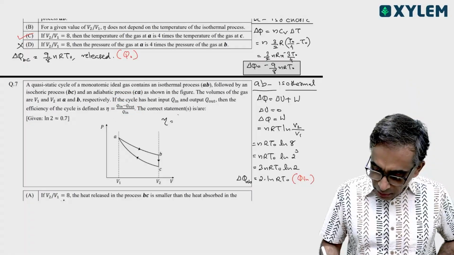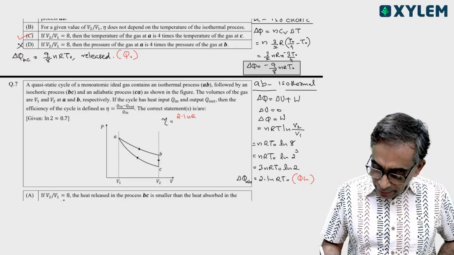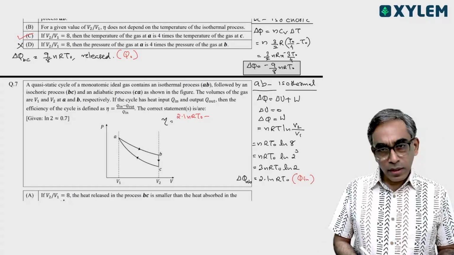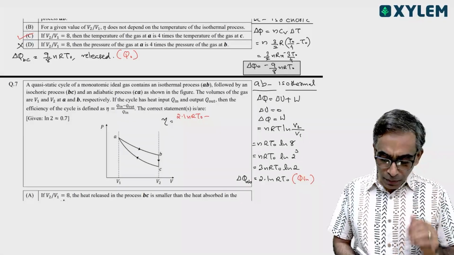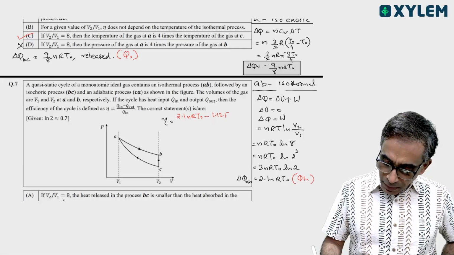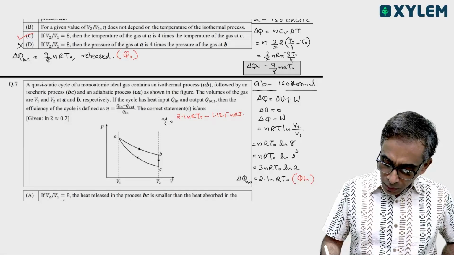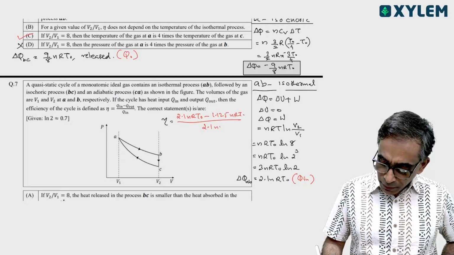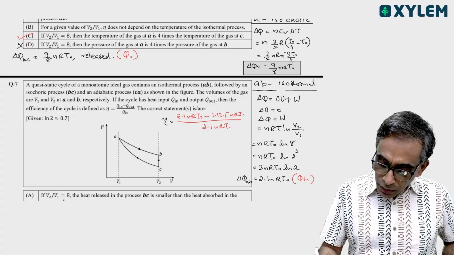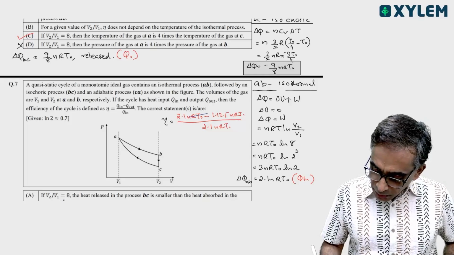Q in is 2.1 nRT0 minus 9 by 8, വേണമെങ്കിൽ simplify ചെയ്യാം 1.125 വരും. So this is 1.125 nRT0 divided by 2.1 nRT0. And all these term നോക്കൂ ഇതിലെല്ലാത്തിലും nRT0 ഉണ്ട്, that will get cancelled.